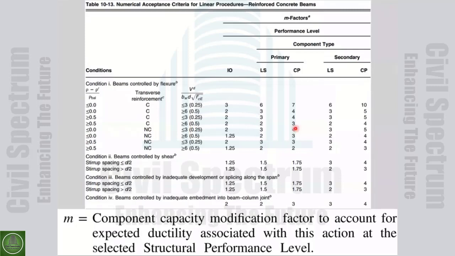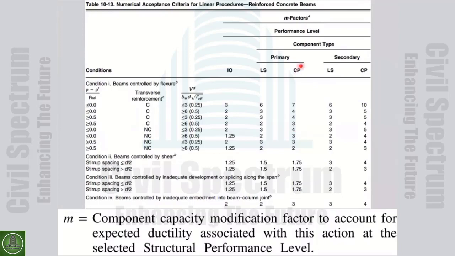In this elastic analysis, the demand right now in this beam, the bending moment, is how much? It's 3 times the expected capacity of this. But if it's less than 3 times, it didn't pass the CP limits.